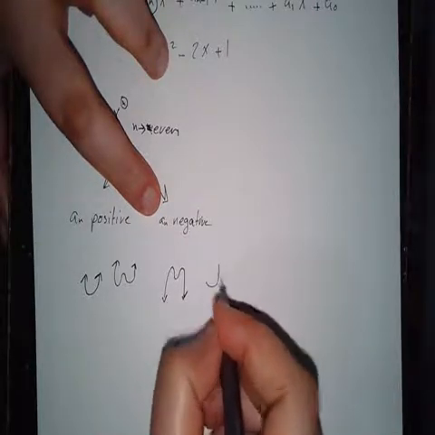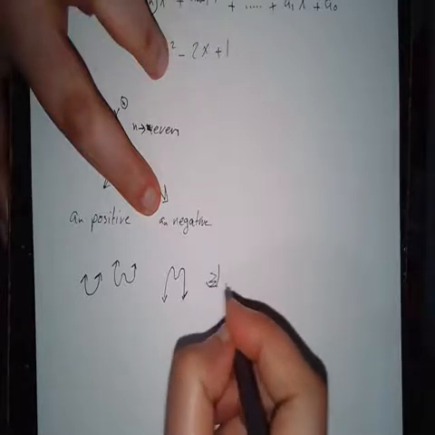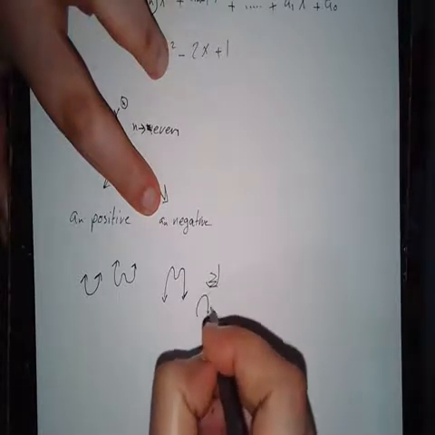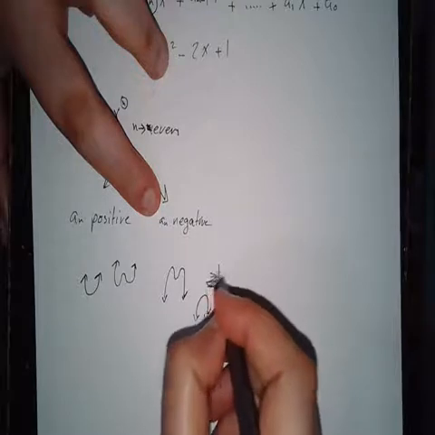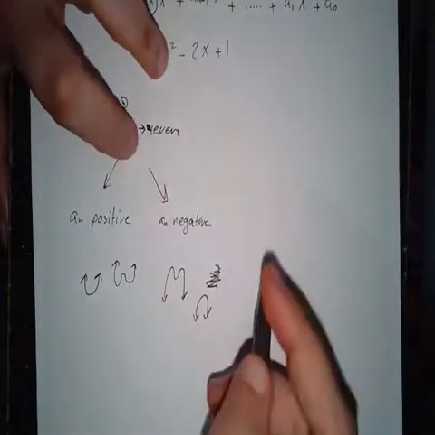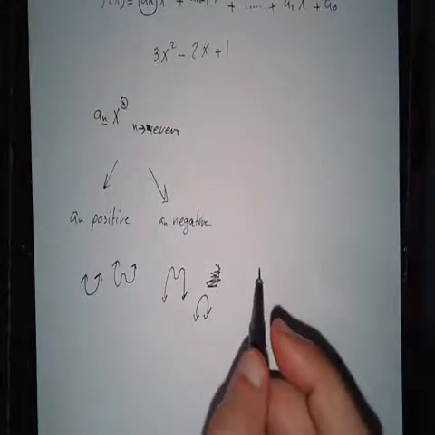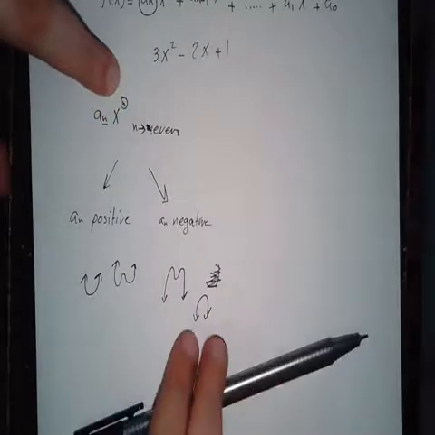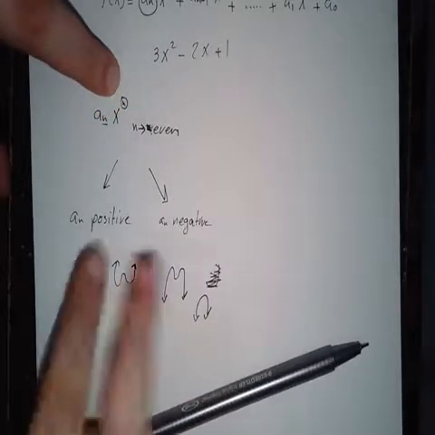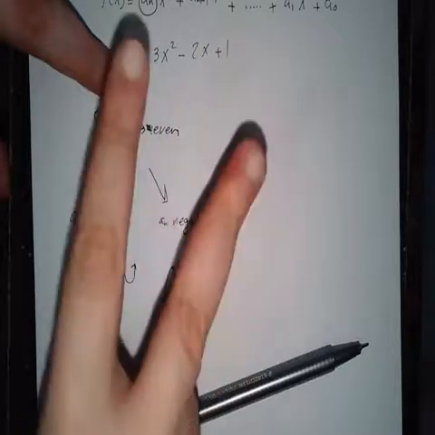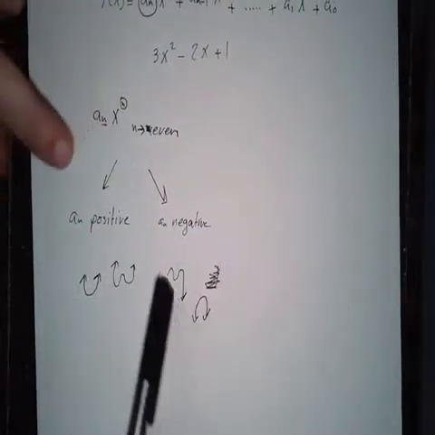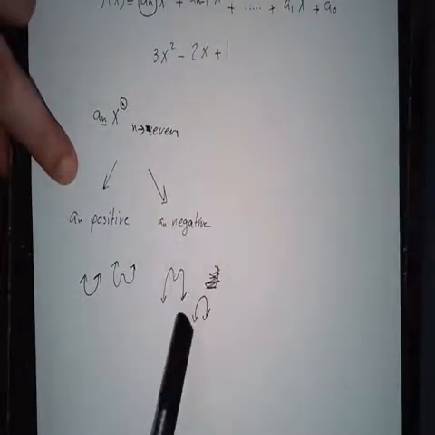Oops, actually it's this. Ignore that one, that's not there. Alright? So when it's even, note that both ends are always together, either both up or both down. Positive is up, negative is down.